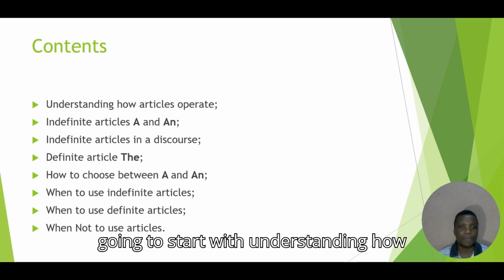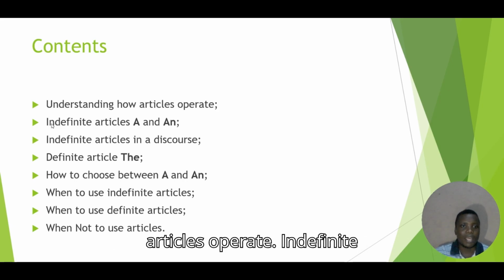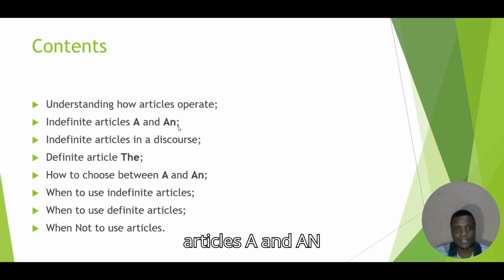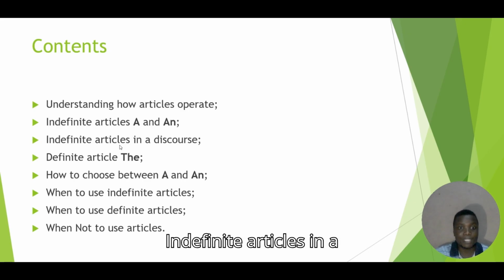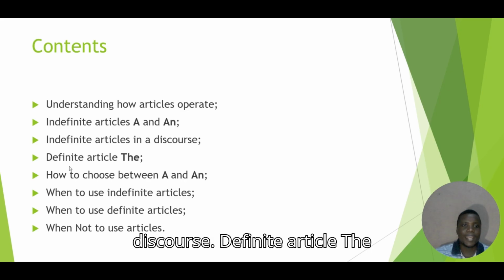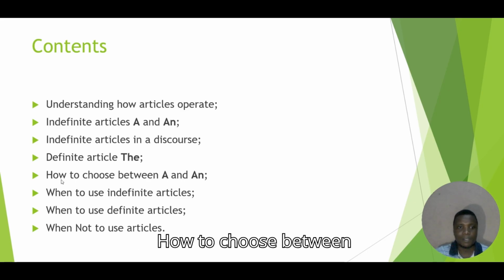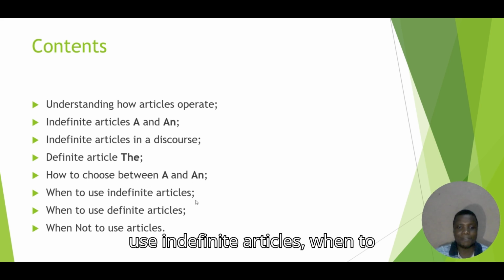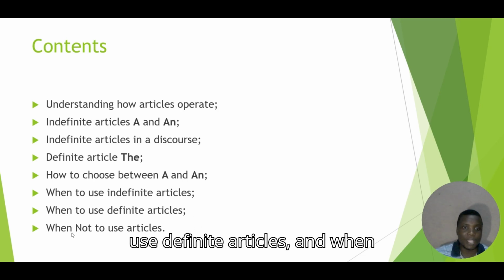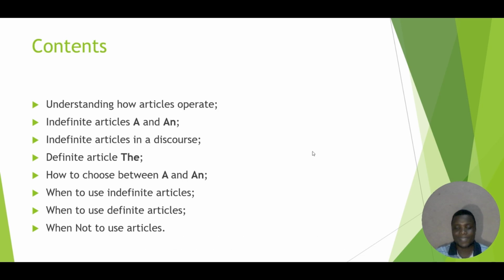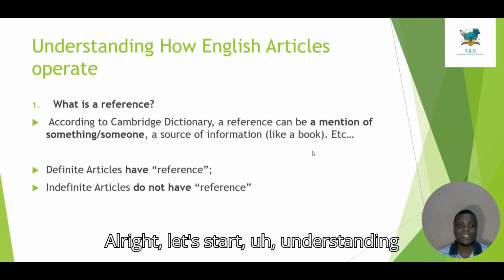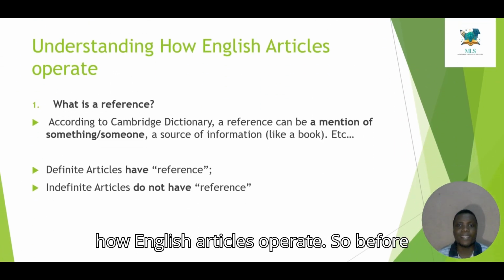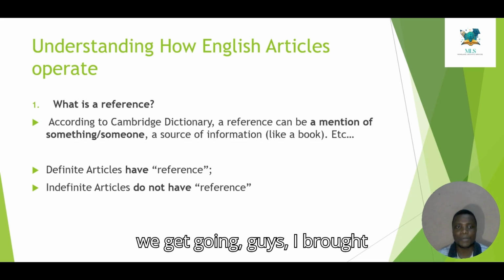We're going to start with understanding how articles operate, indefinite articles A and AN, indefinite articles in a discourse, definite article THE, how to choose between A and AN, when to use indefinite articles, when to use definite articles, and when not to use articles. Alright, let's start. Understanding how English articles operate.